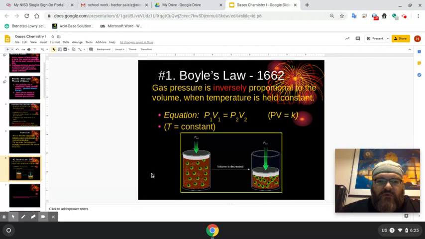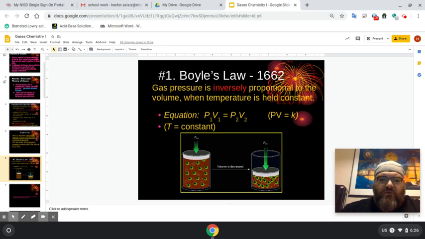So you can see here, if you have volume, okay, this first canister, the one that is not pushed down, the one that's all the way up, the pressure in there is not going to be very high.